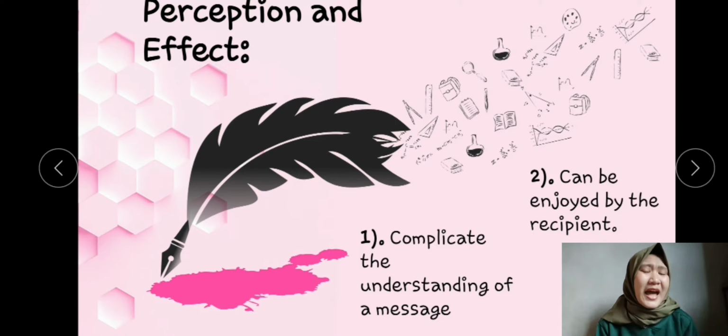Okay, in the next slide, we found the perception and the effect. The effect of this ambiguity can cause difficulties for the translator to translate from the original language to the target language. Therefore, the process of translating can be long because the translator must first understand the context of the language being translated.